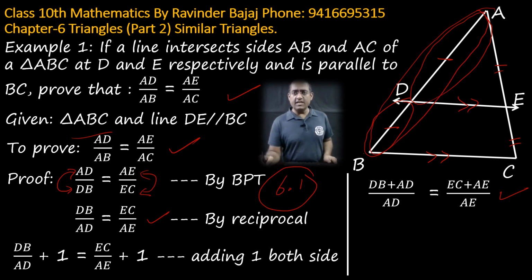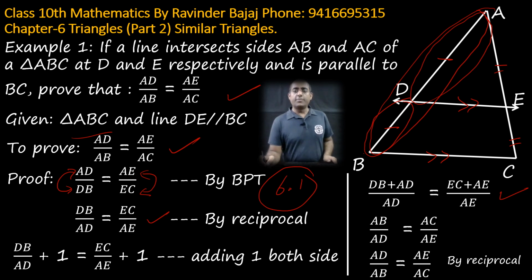In the same way, AE plus EC is equal to AC. So AB upon AD is equal to AC upon AE. Now again take the reciprocal to get the required result. By doing the reciprocal, this is the result. Hence proved.